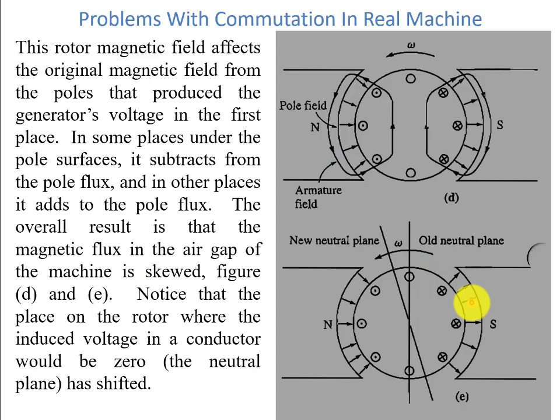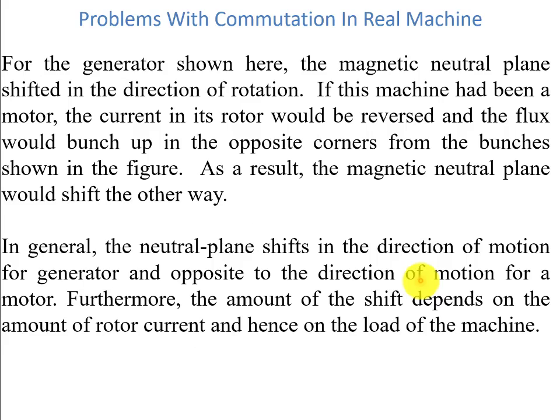We can see this bunching here, and it would be in the opposite corners if the machine is used as a motor. This bunching will shift the neutral plane in the opposite direction. As a result, the magnetic neutral plane would shift the other way.